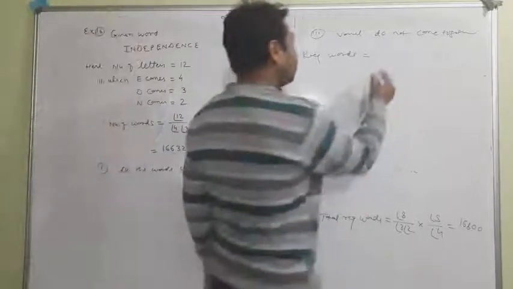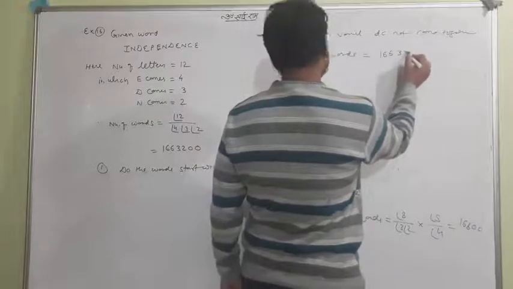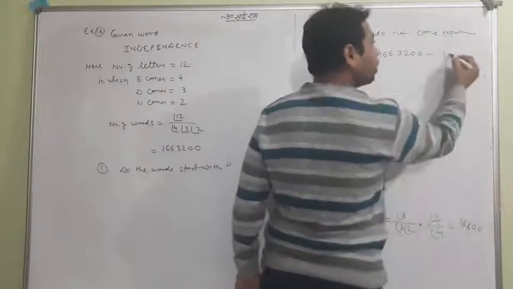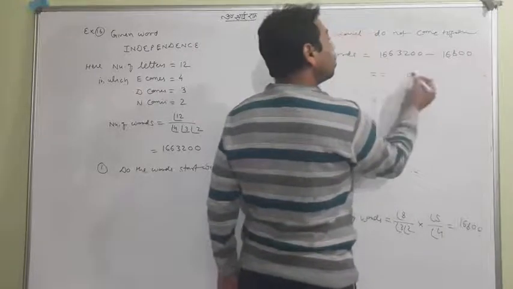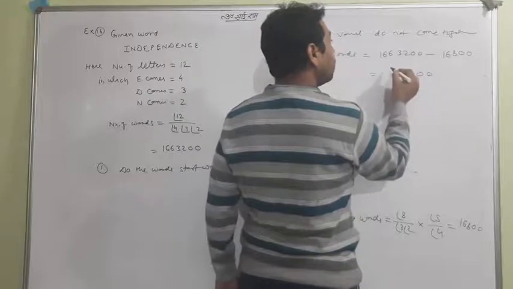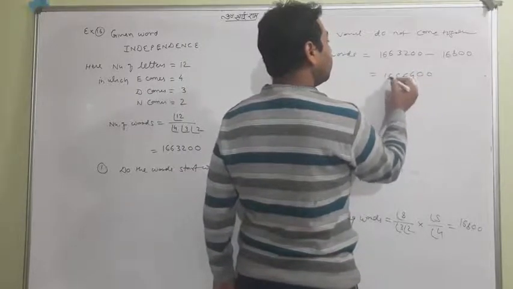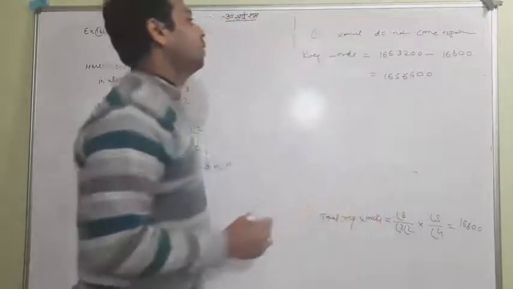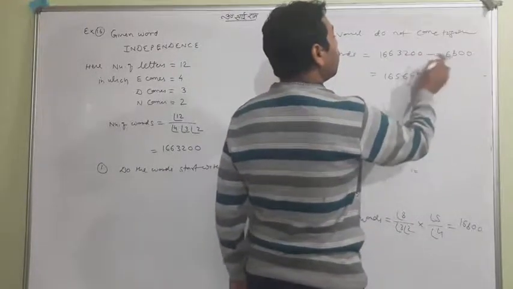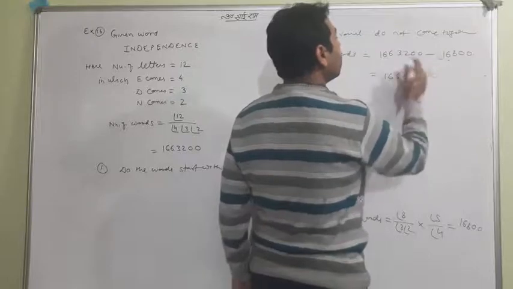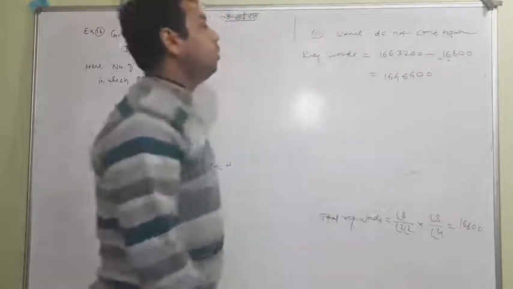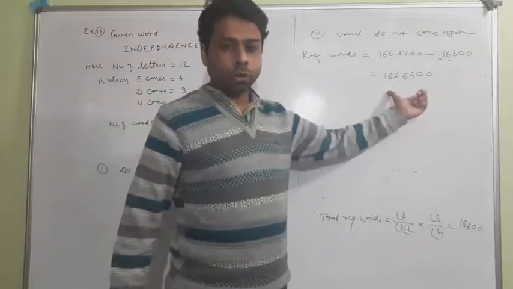So 16,63200 was all possible words, and these are the restricted words when all vowels came together. So your answer we have 16,63200 minus 16800, 1646400. Now these are the words in which vowels do not come together.